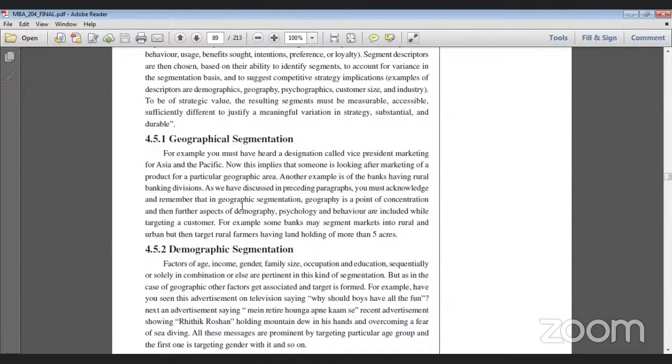If you go to a rural area, agriculture kind of products are sold more because they are more into the agriculture and farming business, so they will purchase more agricultural type of products, agro products.